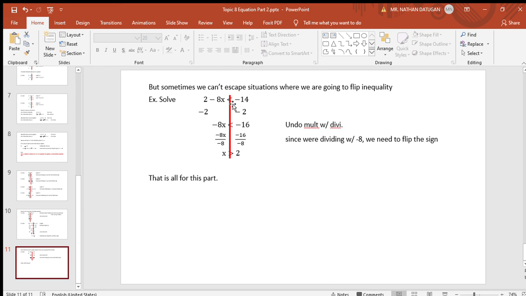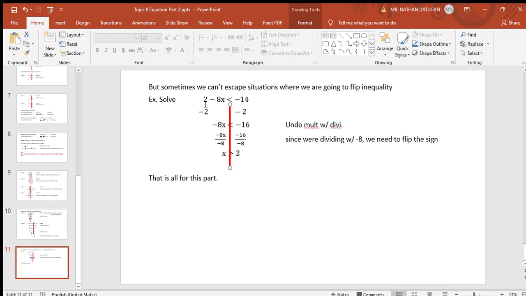There are situations where you can't escape from flipping the inequality, so it's good to know the rule that if you divide by a negative in an inequality, you have to flip the sign. Here's an equation that shows that.